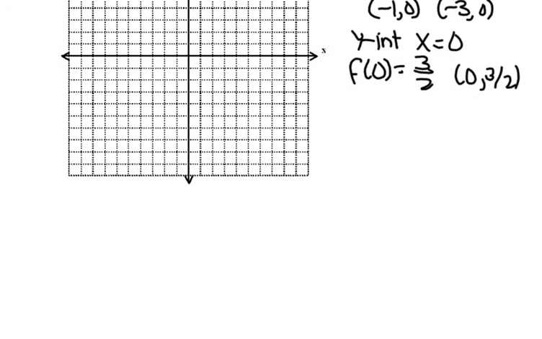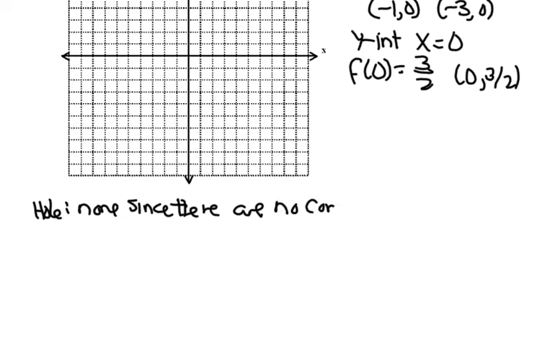I'm going to put these here. Hole: there's none, since there are no common factors. Make sure you can give an explanation on why there are no holes in the problem. Vertical asymptote.